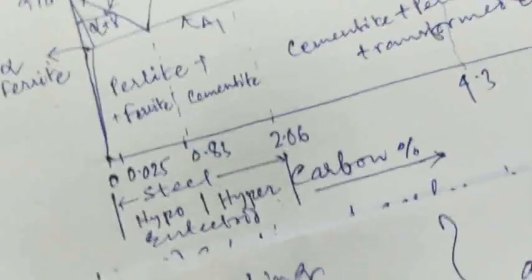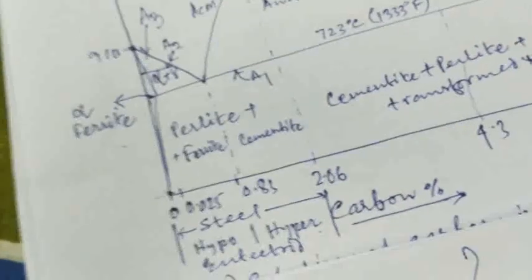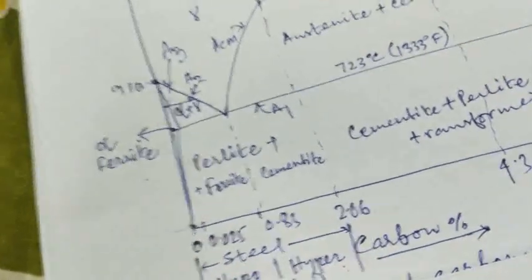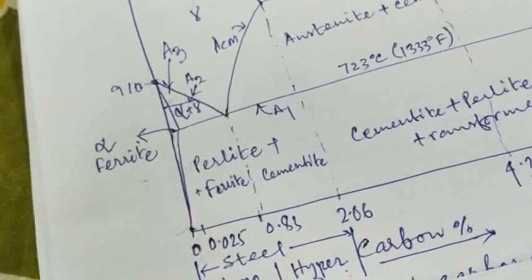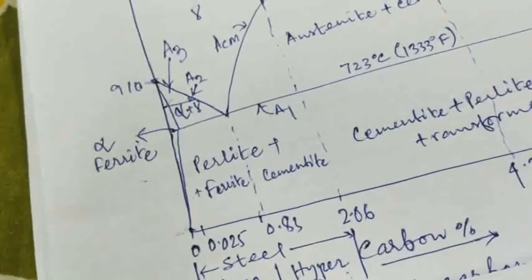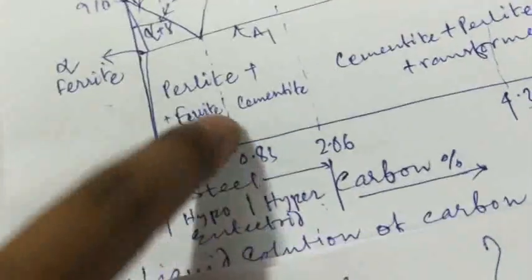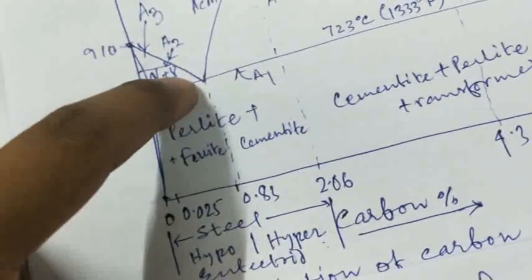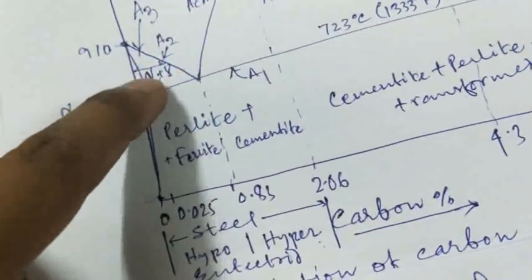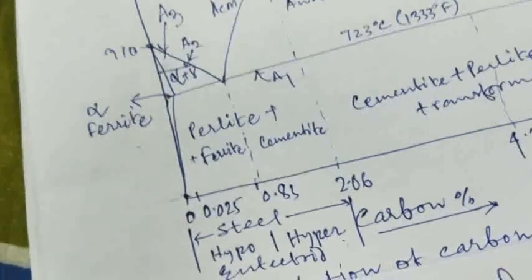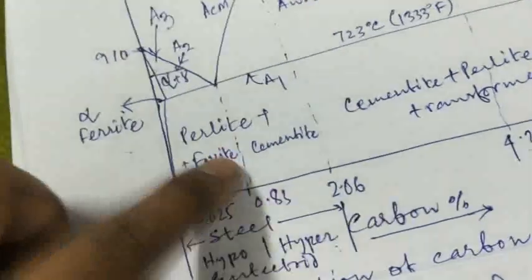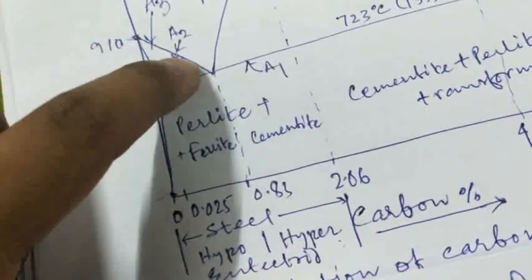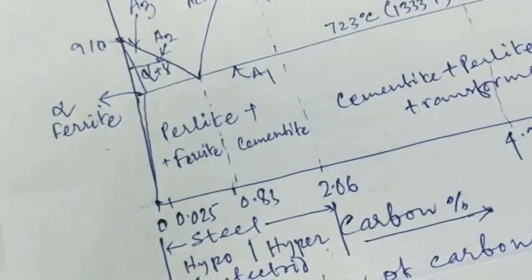Next is incomplete annealing. The process of incomplete annealing is heating the steel to between the A1 and A3 lines for hypoeutectoid steel. The A1 to A3 range is this, some temperature range.